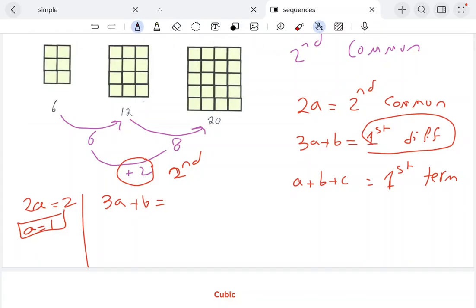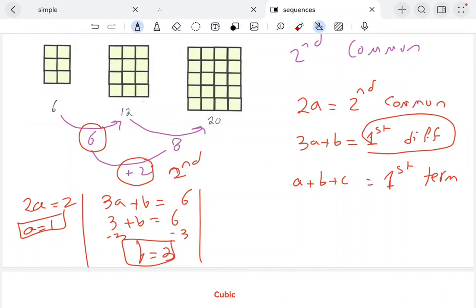Which, teacher, is not common? Yeah, I know it's not common. I'm going to take only the first difference. The first difference is 6. So 3a plus b is equal to 6. I know how much a is already. It's 1. So 3 times 1, 3 plus b equals 6. Then minus 3. So b is going to be equal to 3.